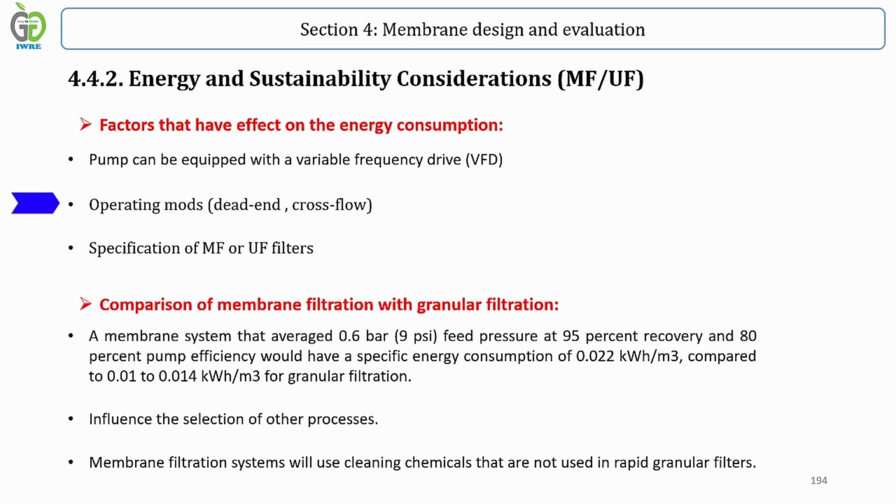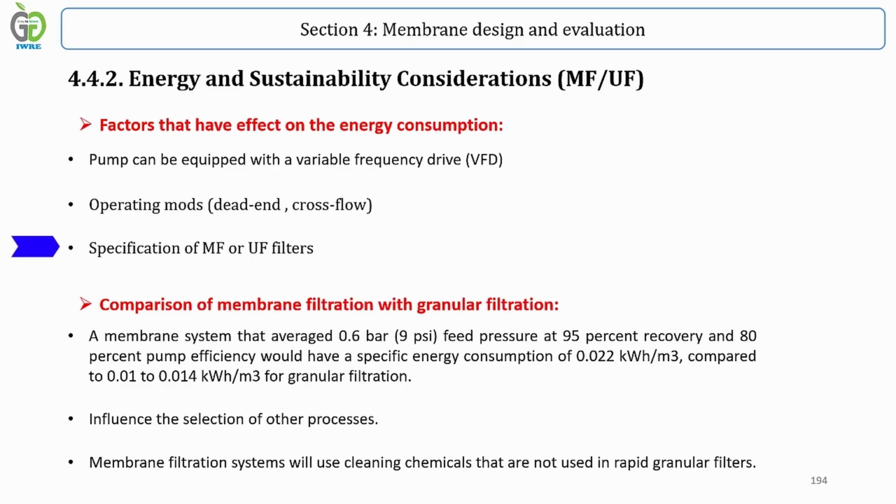Another design factor that will affect energy consumption is whether the system operates in a cross-flow or dead-end mode. Cross-flow filtration requires much larger feed pumps than dead-end because a substantial portion of the feed flow is recycled. The specific energy consumption associated with cross-flow pumping can be triple that of dead-end operation.